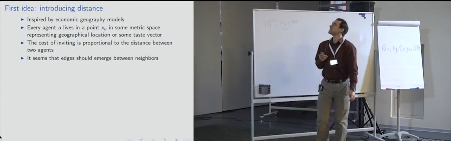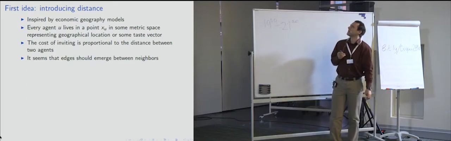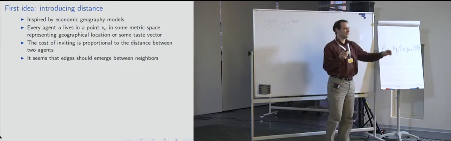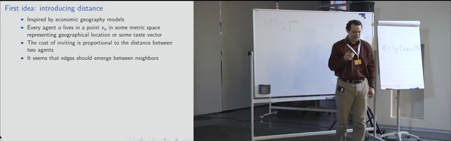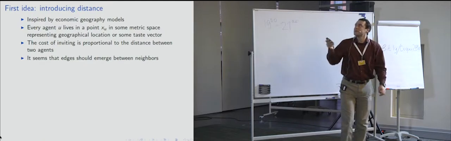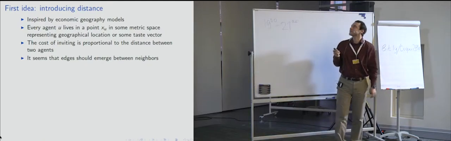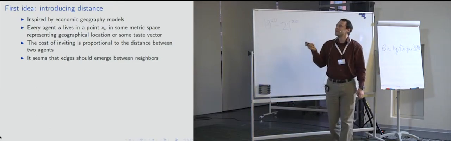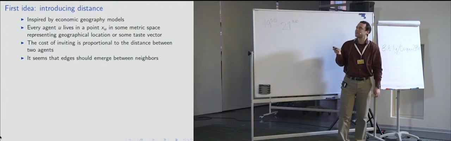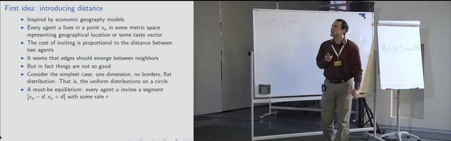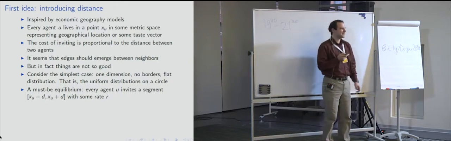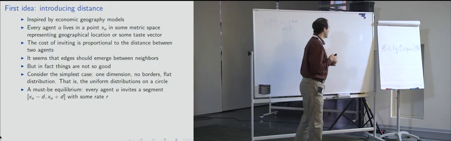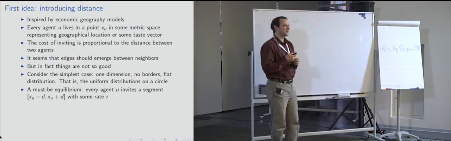Okay, so we just multiply the cost of inviting an agent by the distance between their points. We began by analyzing the simplest case, when the space is one-dimensional and there are no borders.